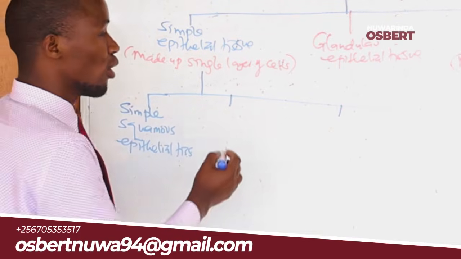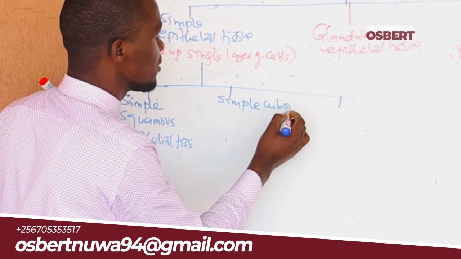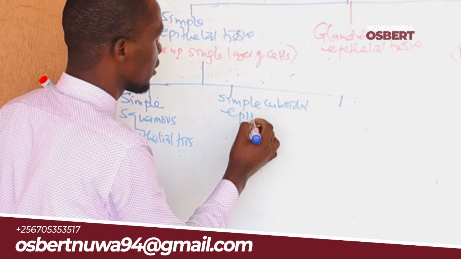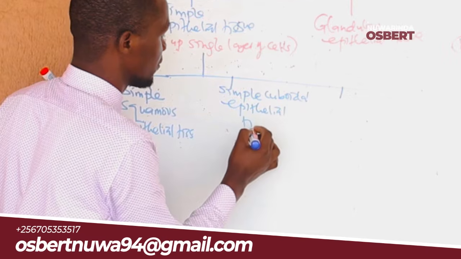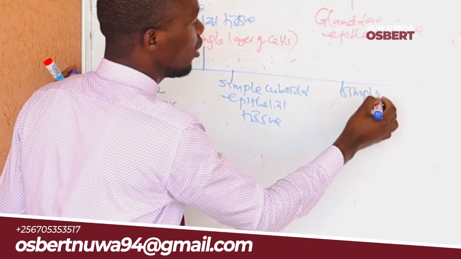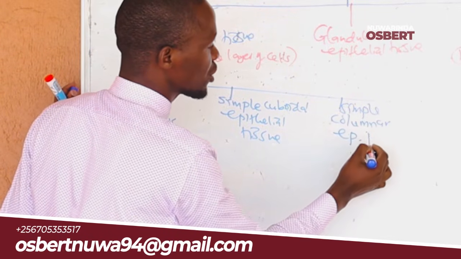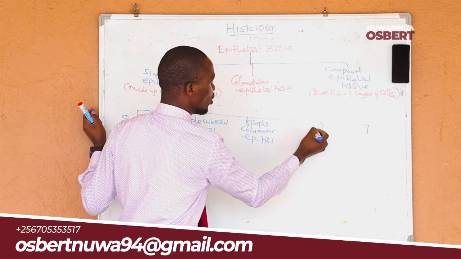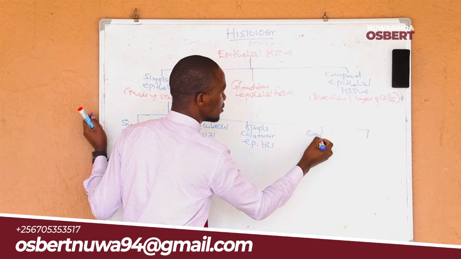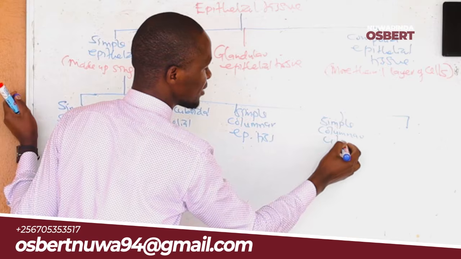We have also got what we call simple cuboidal epithelial tissue. We have also got what we call simple columnar epithelial tissue. We have also what we call simple columnar ciliated.